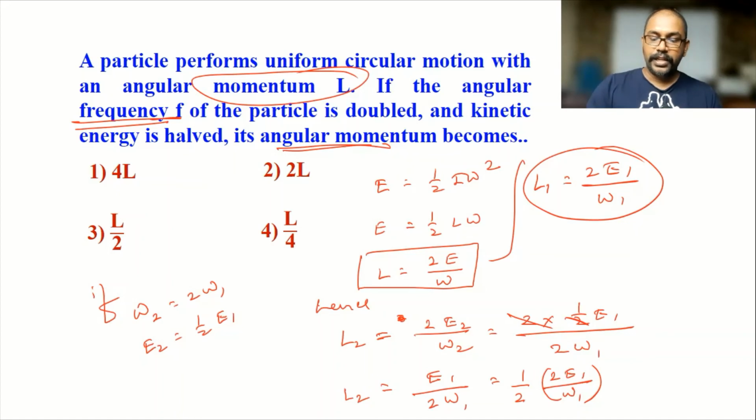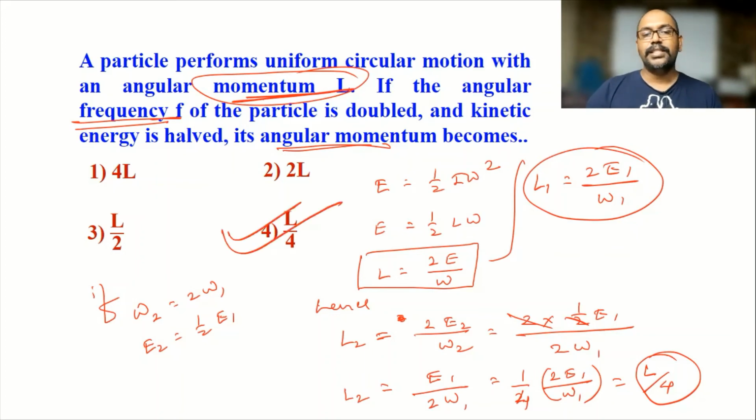Then here it is coming 4, and this is coming L, so it is L by 4. So this 2E1 by omega 1 is L1. So L1 by 4, or the initial angular momentum they gave here, L. So L by 4 is the answer here. This is the correct answer for this question.